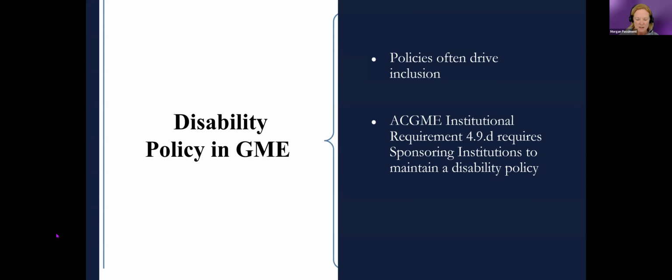Just wanted to speak a little bit about why we did this, and that is that clear, accessible, and consistently applied disability policy is essential in advancing inclusion in graduate medical education.